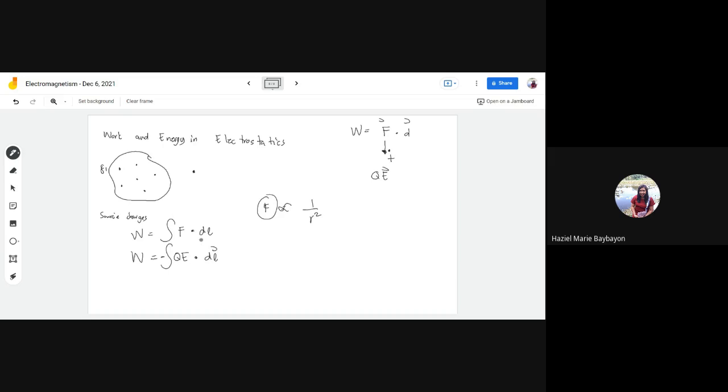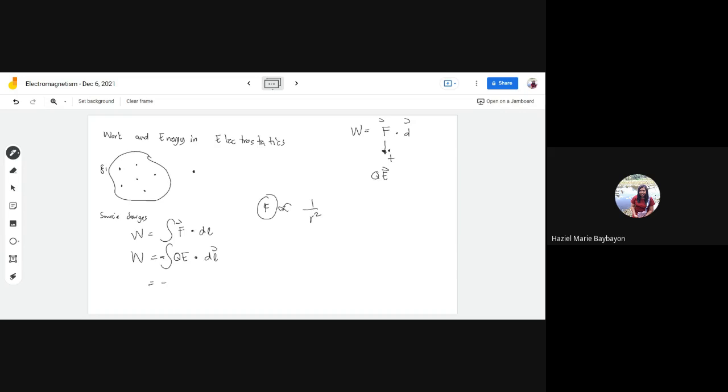So it is a line integral. And then F here is the force that is needed in order to counteract the force due to these charges. So we have a negative force here, minus QE, and then we can actually take Q out of the integral sign.